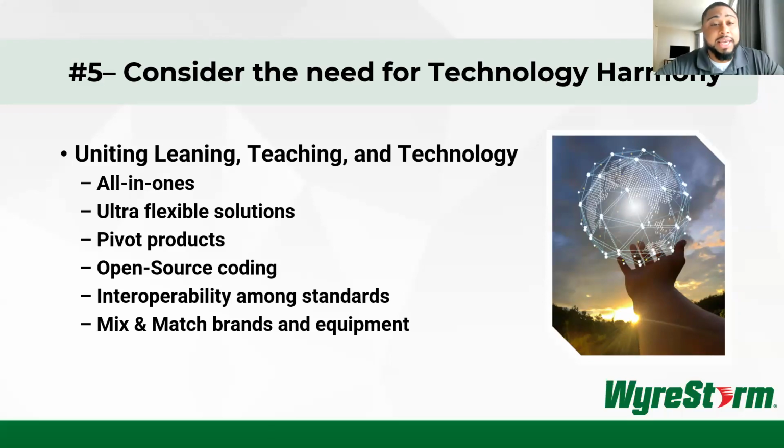Open source coding. Again, this keeps us unified, right? It keeps everything unified. Open source coding means that you're not using a bunch of proprietary methods to do whatever it is you need to do to get to point B, right? So again, if you're doing AV over IP, you need to look at your standards. You need to know what those standards are. If you're doing AV over IP, you need to be doing H.264, SDVoE, JPEG 2000.